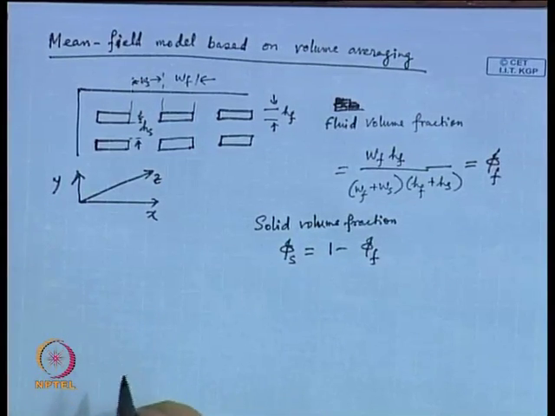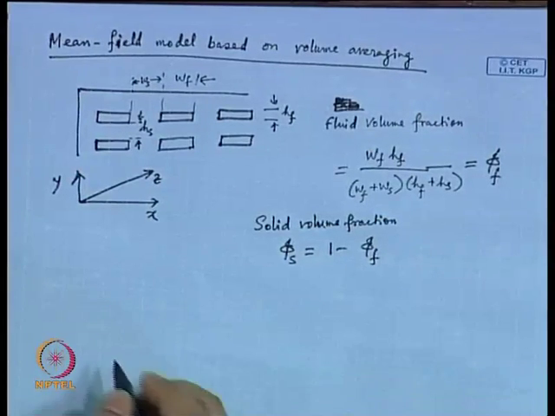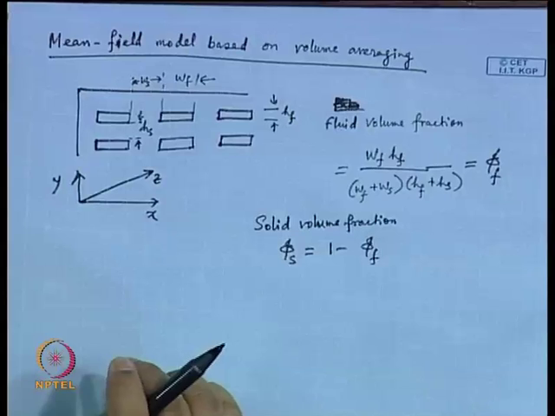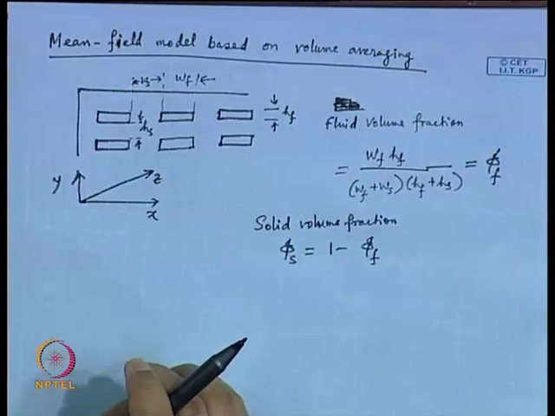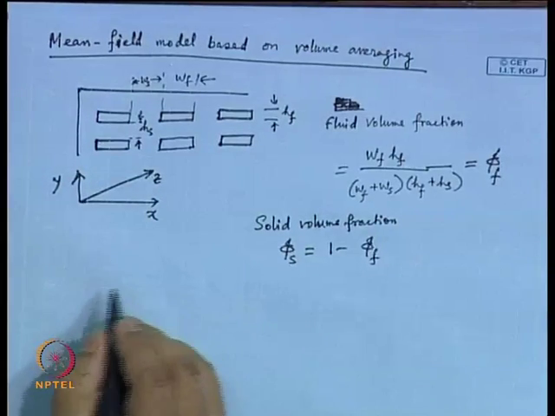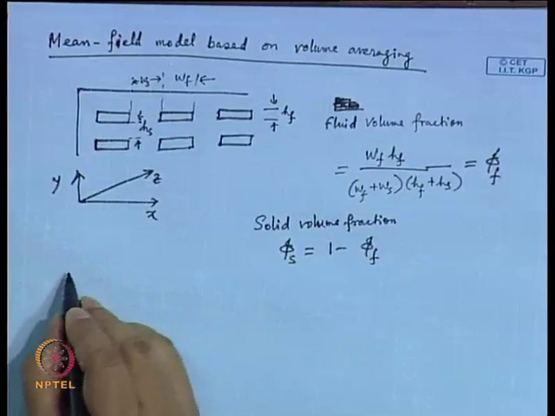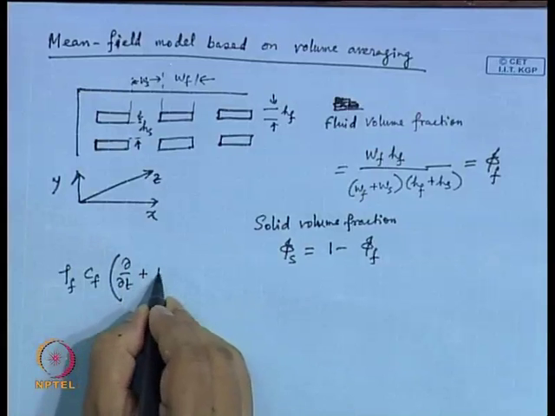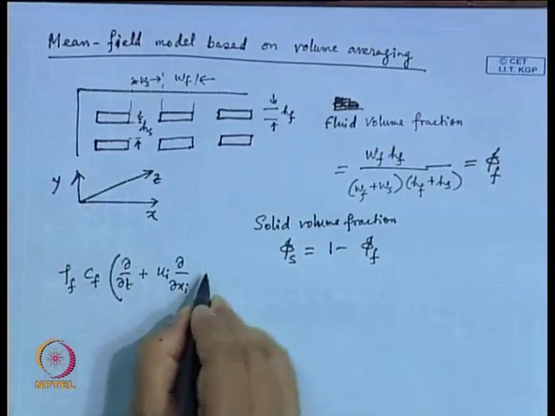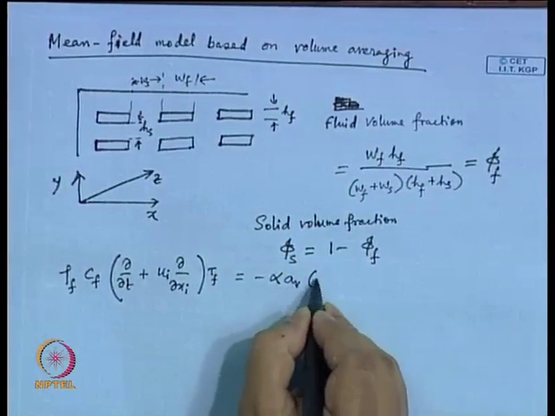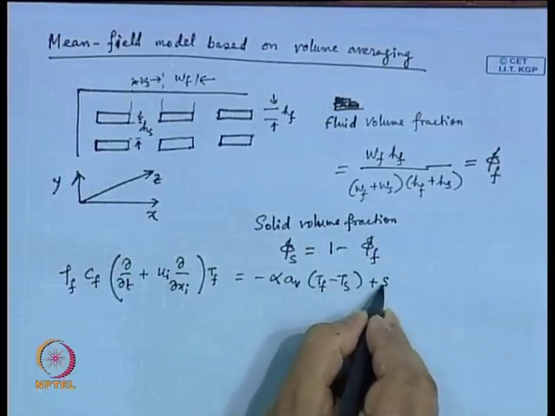Now, if we try to write the heat balance equation, it will take this shape. Here we will be treating the temperature of fluid and solid separately, but it will not be a full rigorous model. The heat balance equation for the fluid would be rho f C f del T f by del t plus U i del T f by del x i, equal to minus alpha A v times T f minus T s, plus S c.